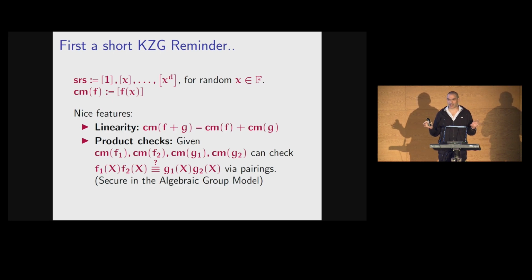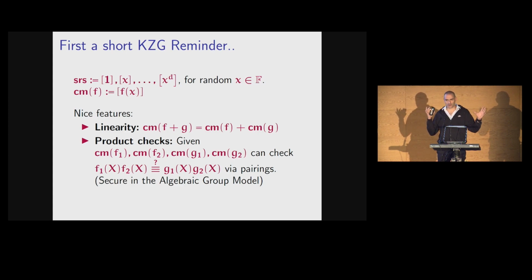So say now I have commitments to 4 polynomials, f1, f2, g1, and g2. Then directly from the commitments, I can check whether the polynomial f1 times f2 is equal to the polynomial g1 times g2.